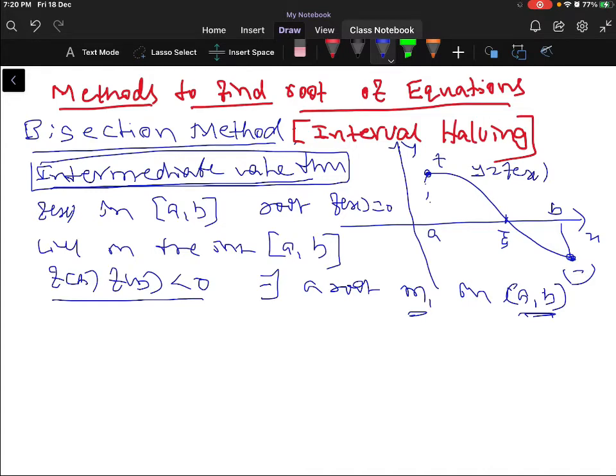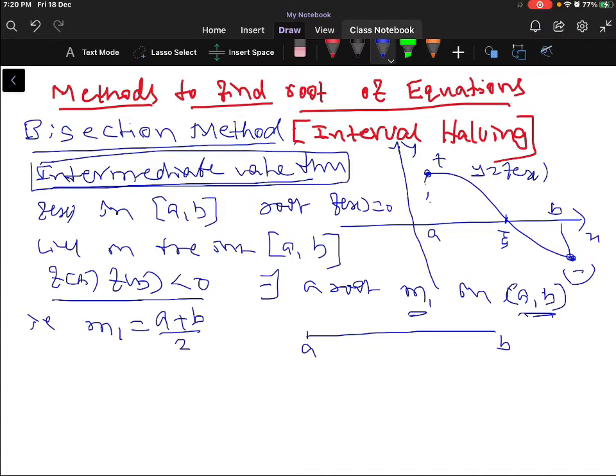Then we bisect the interval ab at m1, that is m1 is equal to a plus b by 2. Let us take the real line with the interval ab.